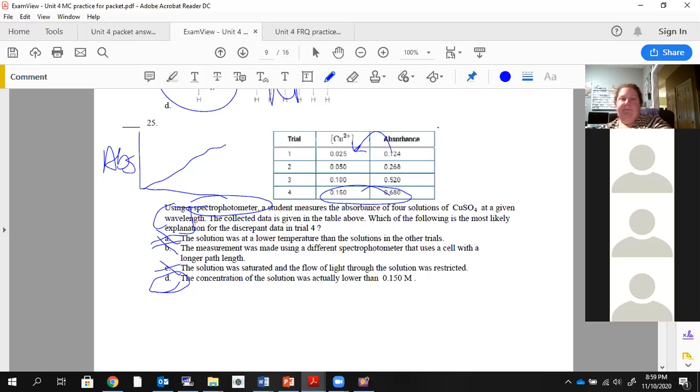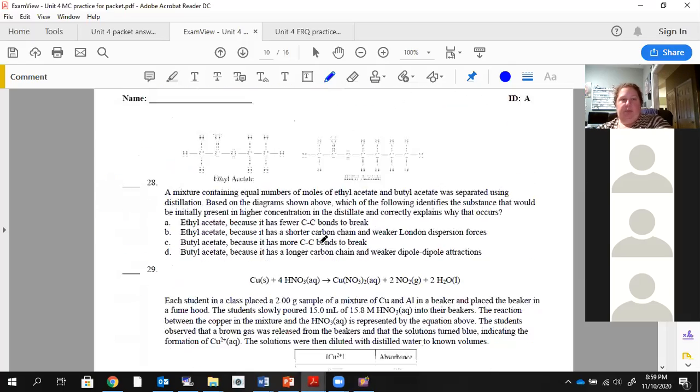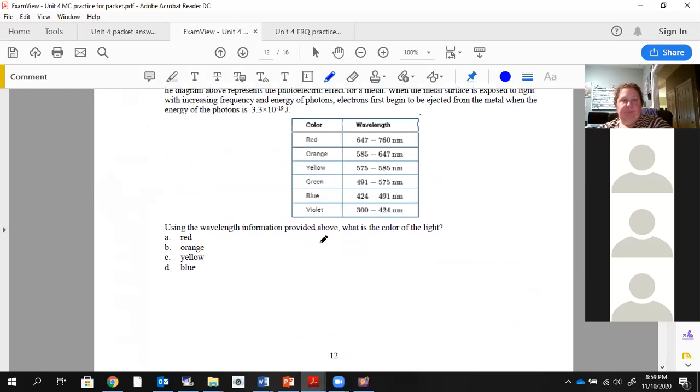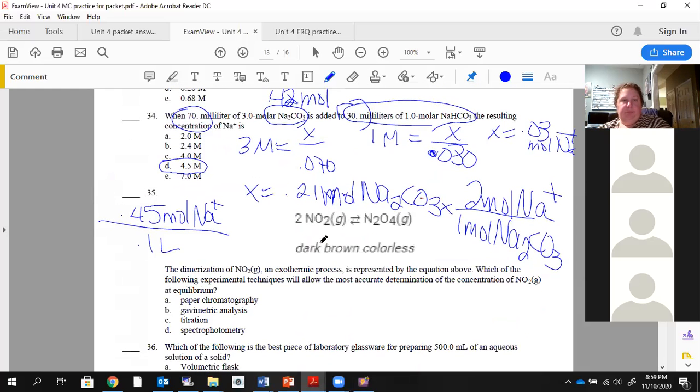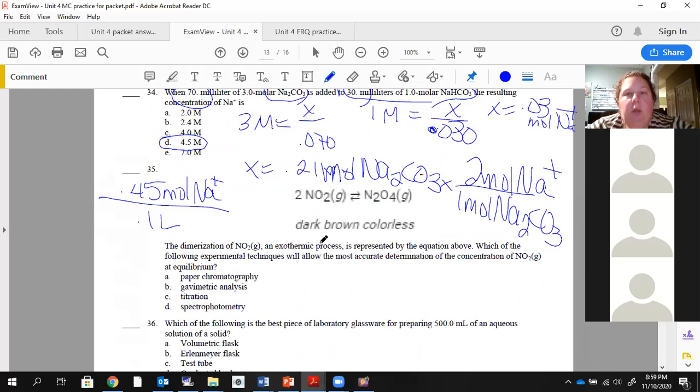Number 35. How do you know which one to use as the best? Because we have a change in color, spectrophotometry is probably going to be the best.